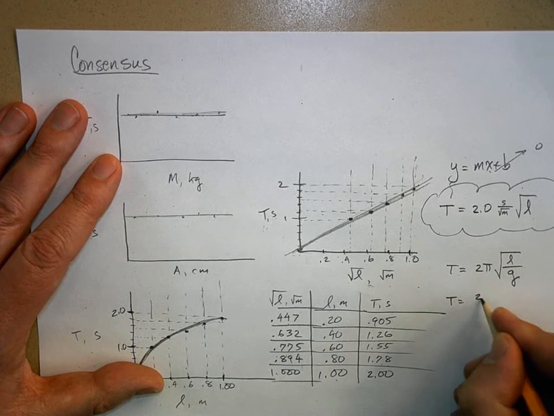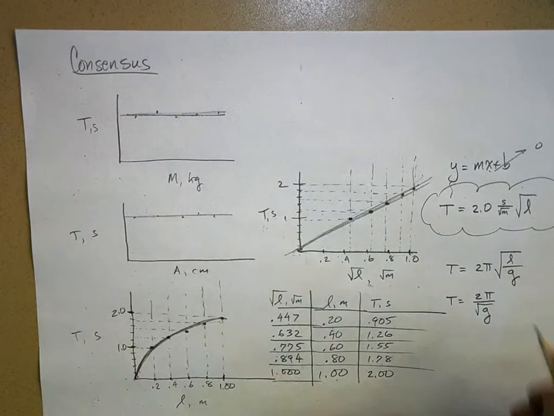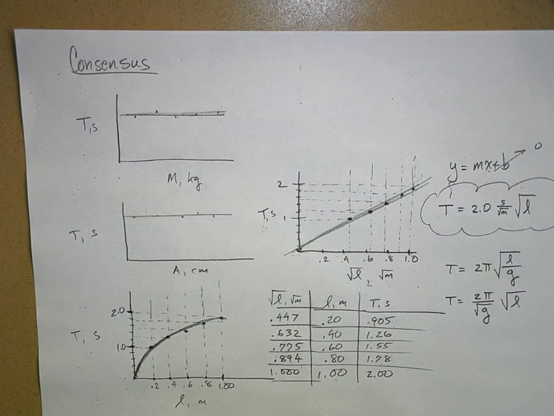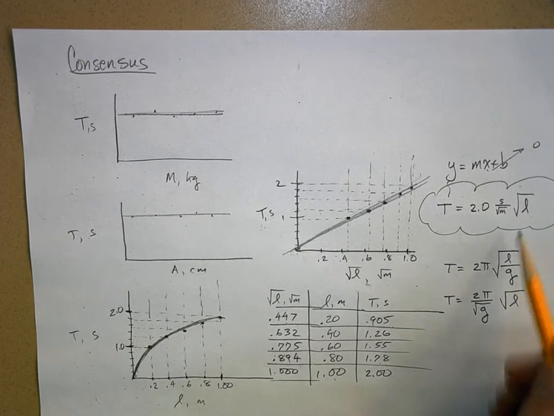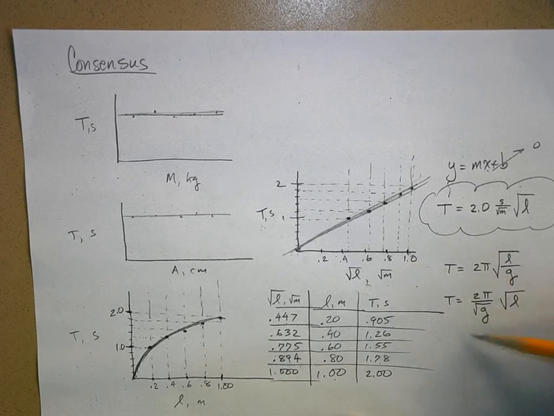This is 2 pi times the square root of g times the square root of L. You see what I did there? I just took this and separated the numerator and denominator. Why did I do that? Because these are constants.